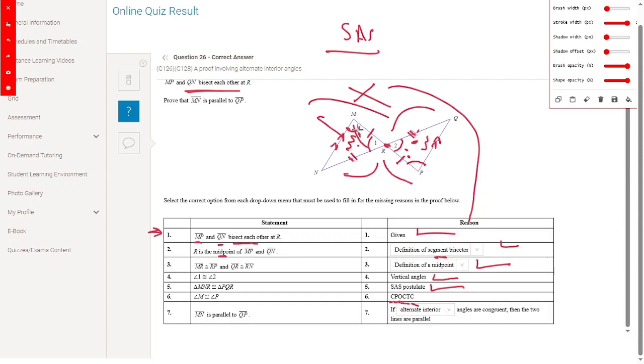And these two angles are alternate interior angles, because this is the transversal and these are the two lines. So this angle will be congruent to this angle. That means they are equal, and because these alternate interior angles are equal, these two lines are parallel. So here it is saying that MN will be parallel to QP because alternate interior angles are congruent and the two lines are parallel.